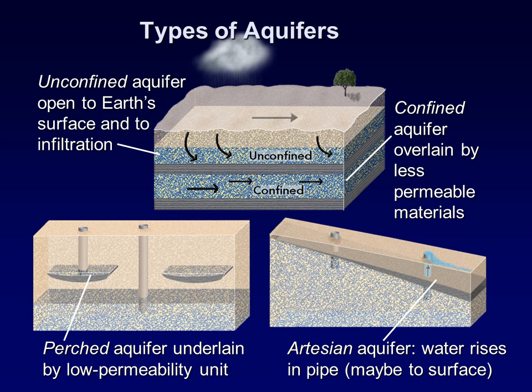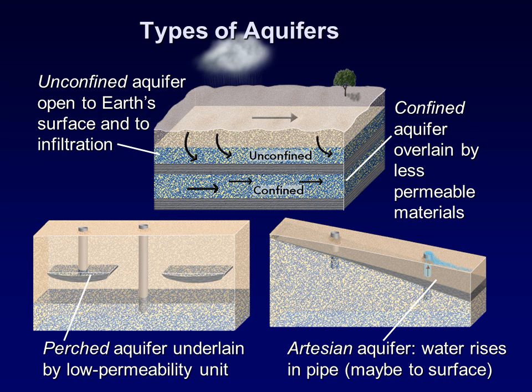So it acts like a cap on top of that confined aquifer. So what happens here is the confined aquifer is not open to recharge from the surface. It's not open to infiltration. It is confined just to that space between the less permeable materials.